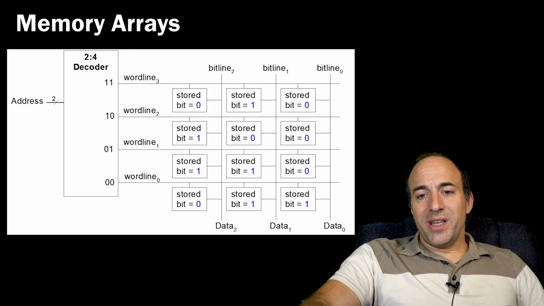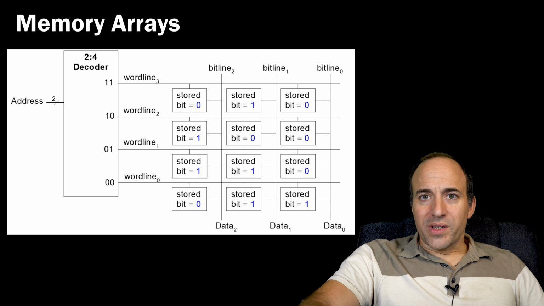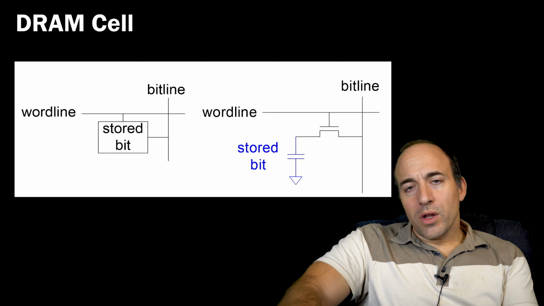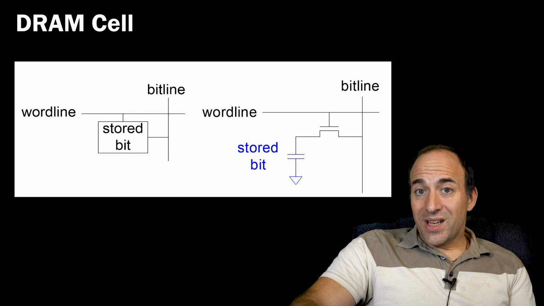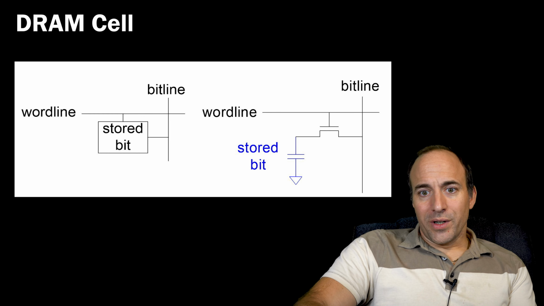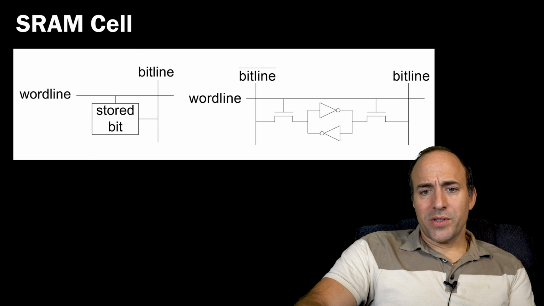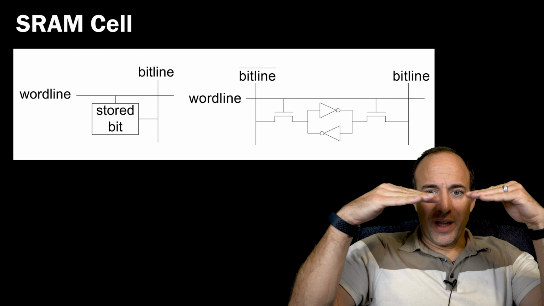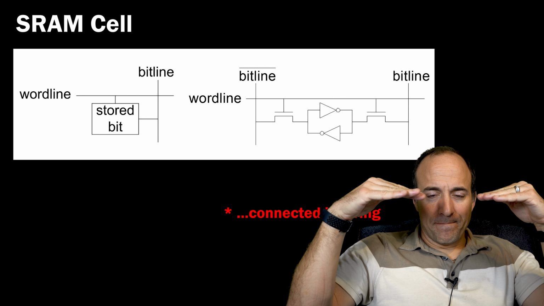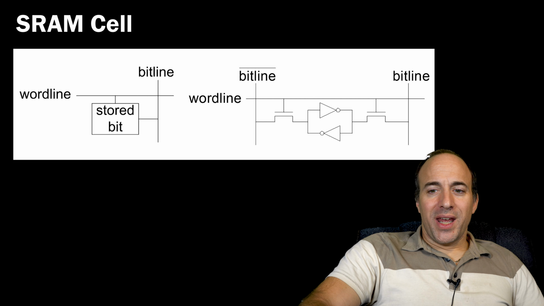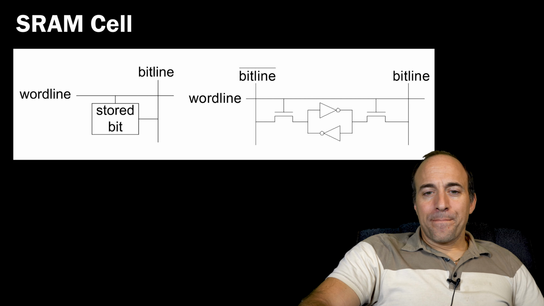The difference between DRAM and SRAM is the internal design of the cells. In DRAM, the cells are a single capacitor and a single NFET transistor, which connects the capacitor to the bit line when the word line is asserted. In SRAM, the cells are designed as cross-coupled inverters that kind of face each other, with two NFETs that connect each side to the bit line when the word line is asserted.